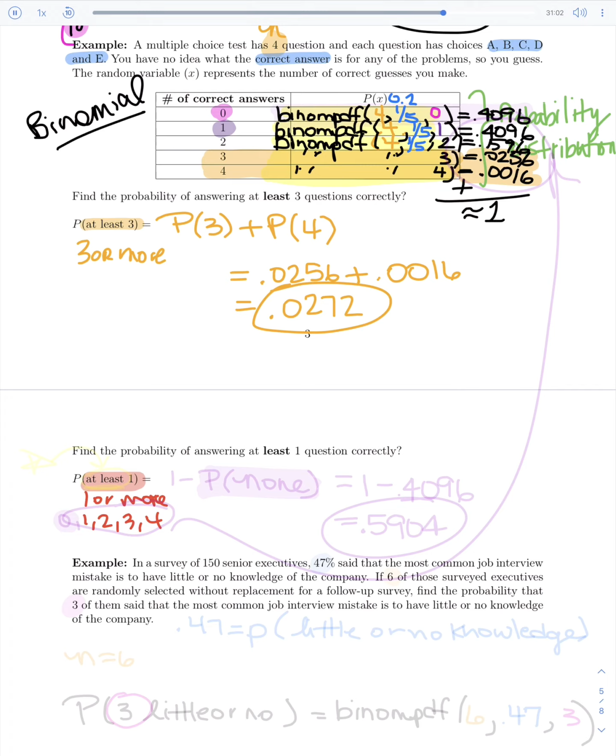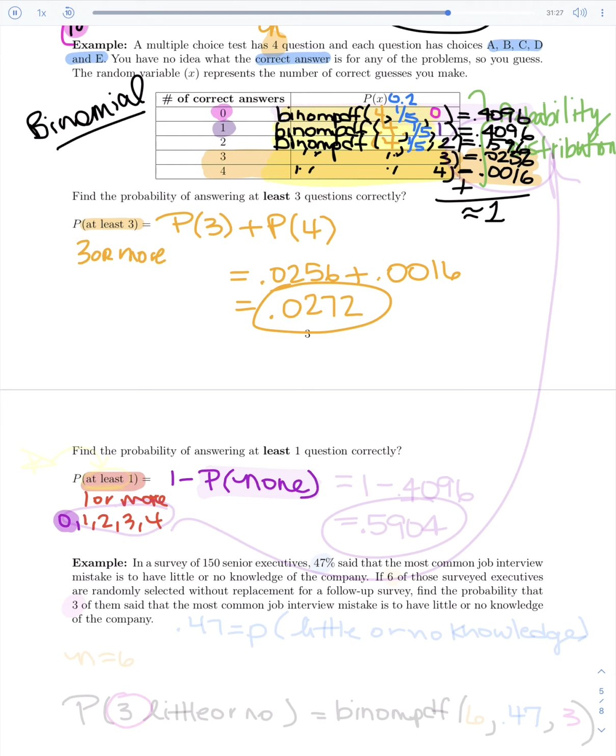Or I could realize that the 1, 2, 3, 4 is the complement of everybody else, which is just getting none right, getting 0 right, and I could take its complement. So that'd be 1 minus the probability of getting none right.